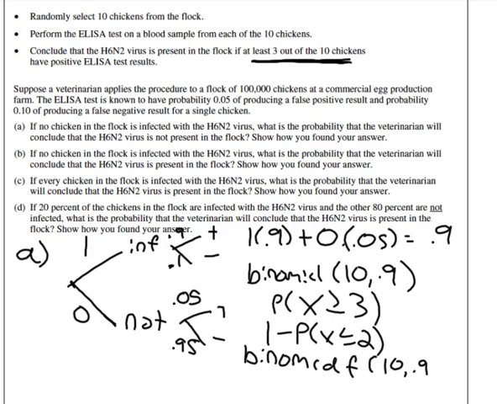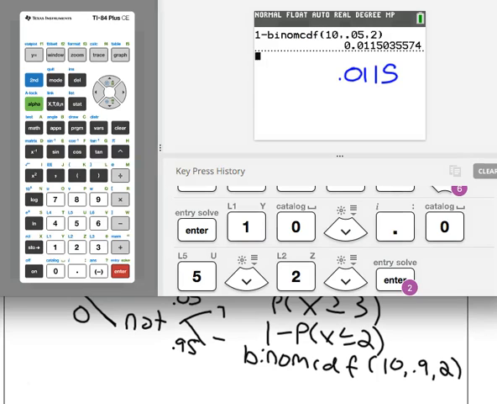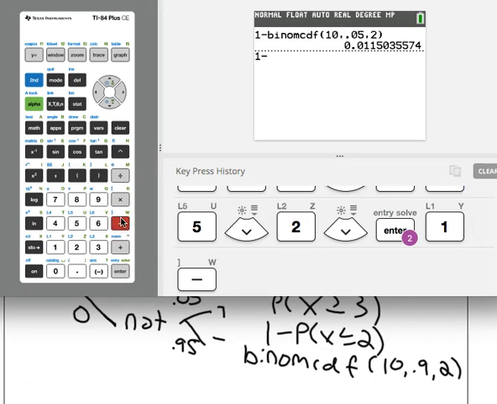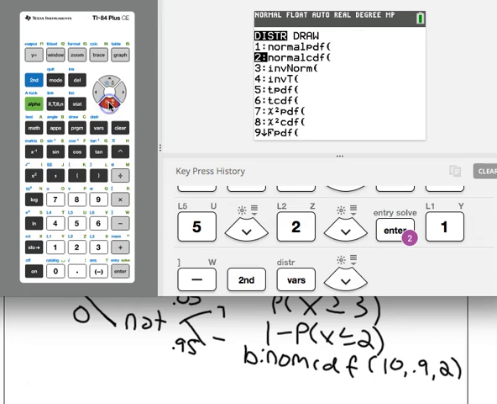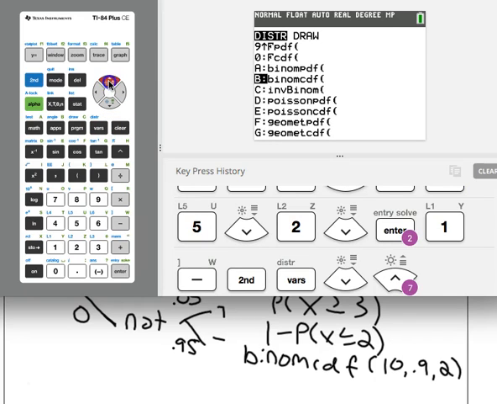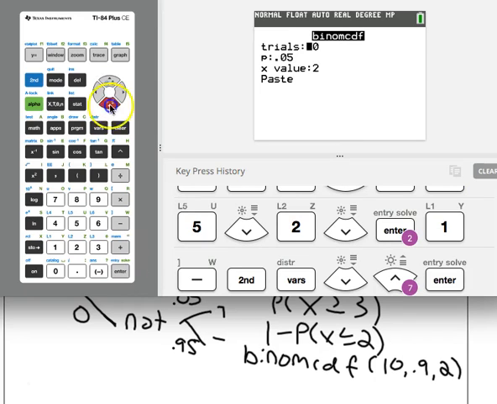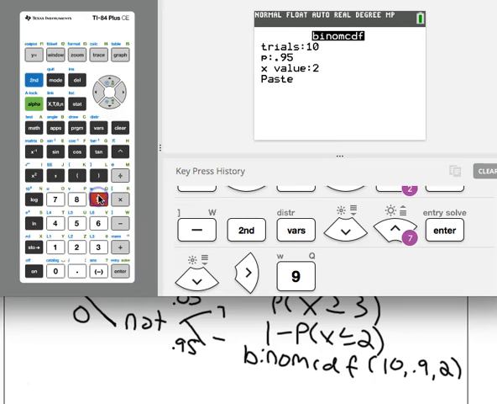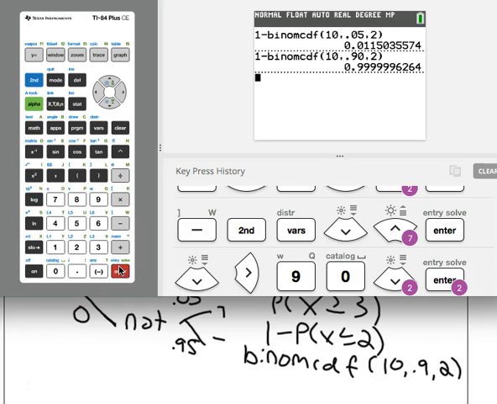So this time it's that same idea, the same CDF command, because this is cumulative. However, this time the probability has changed, right? This time it is 0.9. So if I go back into the calculator, I'm still doing the 1 minus. If I go binom CDF, this is the only difference, my probability. Everything else is the same. So here, look at this.